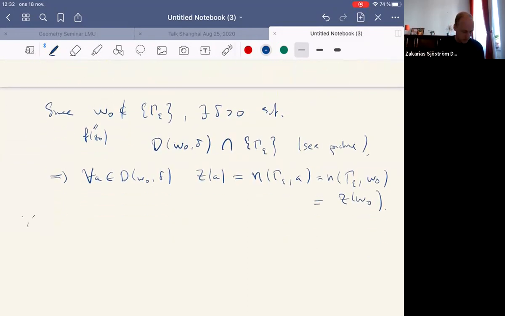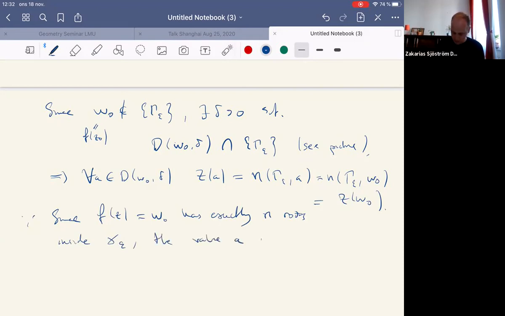So this means that since f of z equals W0 has exactly n roots inside gamma epsilon, the value A is also taken, let's put it this way, n times.